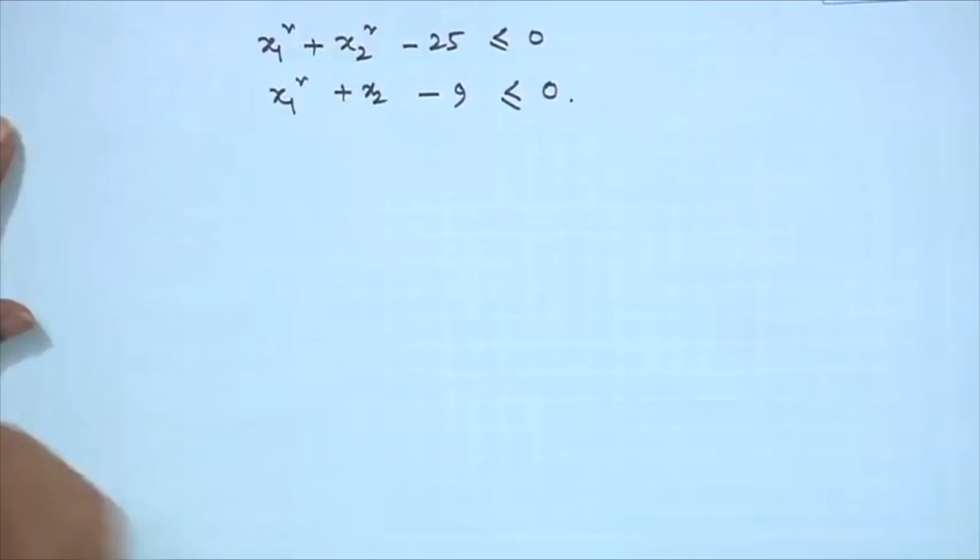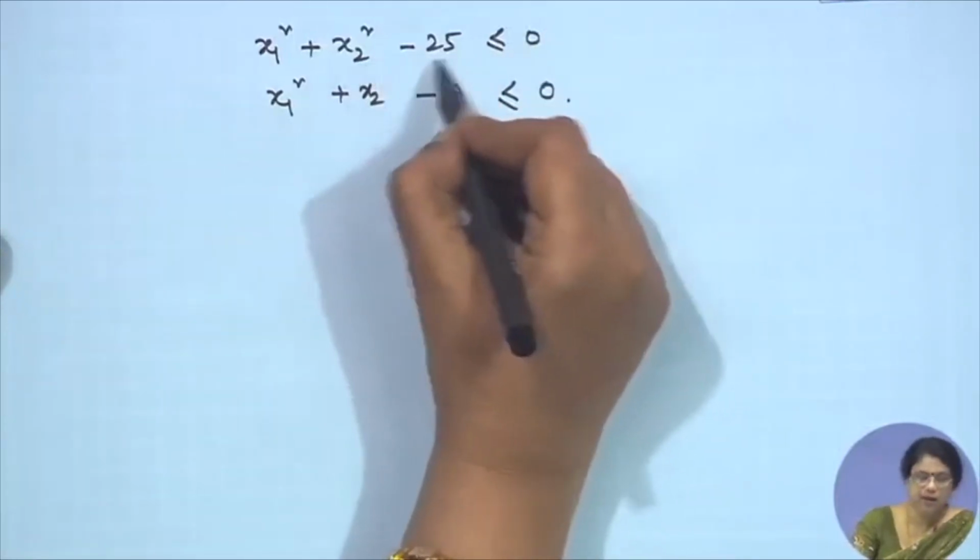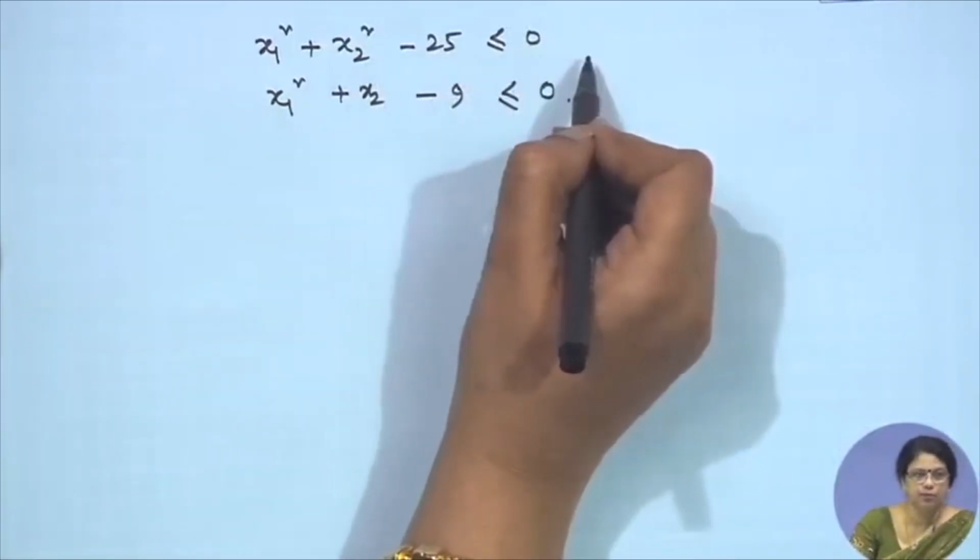Can you get the range of x1, the minimum value of x1 and the maximum value of x1? What will be the minimum value of x1? The minimum value of x1 would be 5 and the maximum value would be 9, because from here we will get 5 and 9.